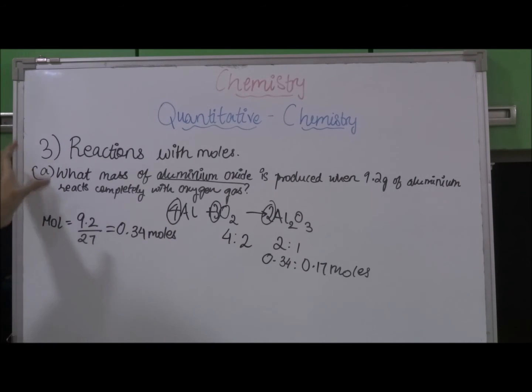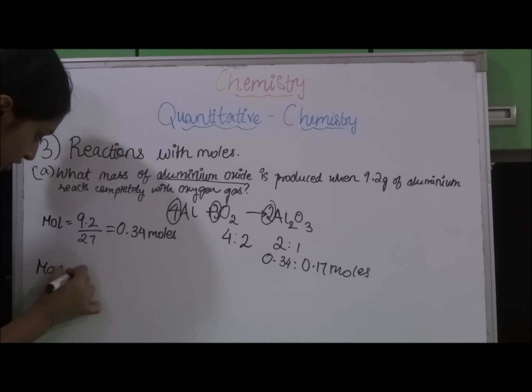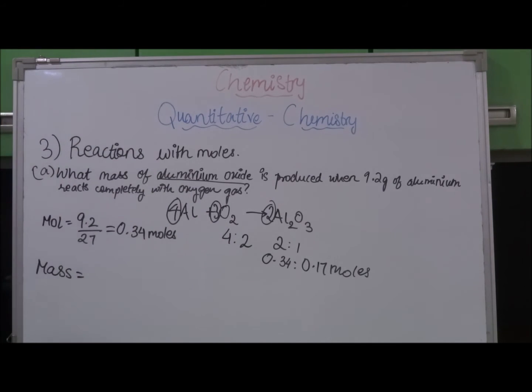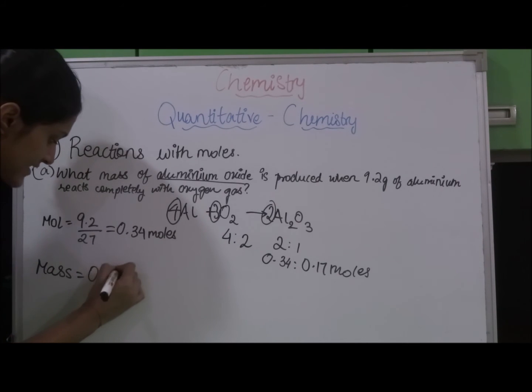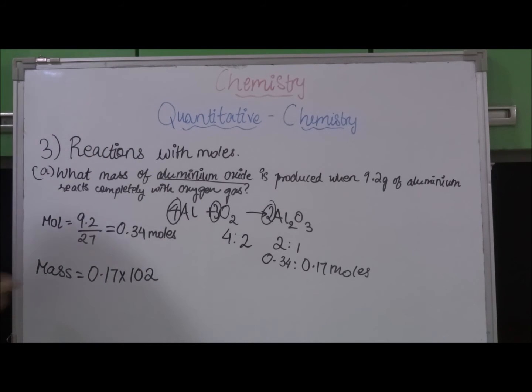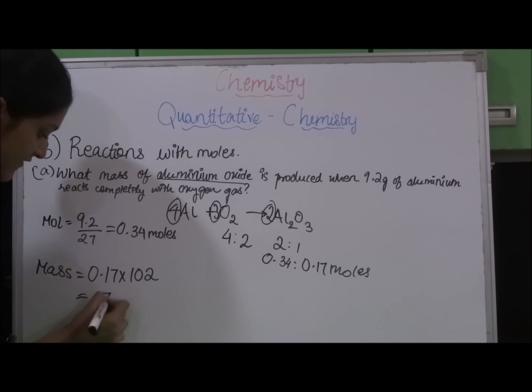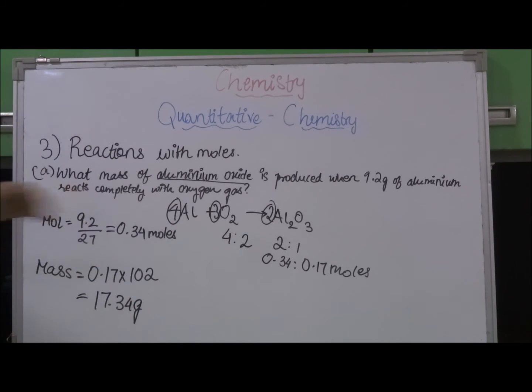To find the mass in grams of aluminium oxide, we multiply the number of moles by the molecular mass of aluminium oxide, which is 0.17 moles into 102, which is the molecular mass, which is equal to 17.34 grams of aluminium oxide produced. So this is how we use the moles and we compare it with the chemical reactions.